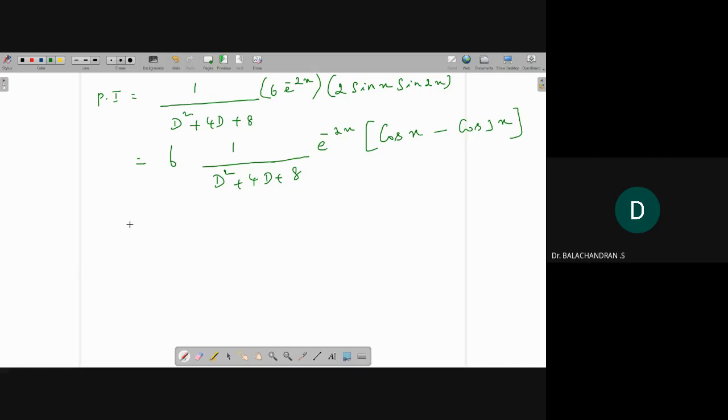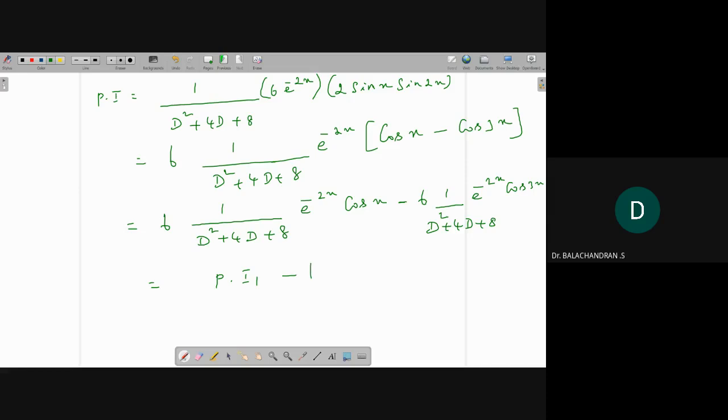Cos of minus x is cos x, minus cos 3x. So that is equal to 6 into 1 by d square plus 4d plus 8 into e power minus 2x into cos x, minus 6 into 1 by d square plus 4d plus 8 into e power minus 2x into cos 3x. So this is pi1, this is pi2, minus pi2.